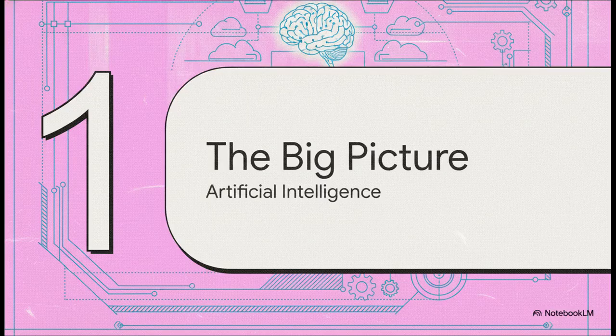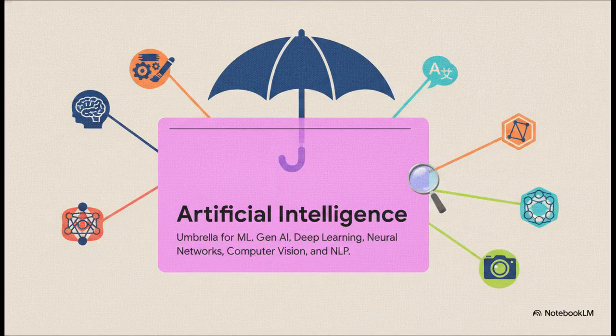All right, let's kick things off with Section 1, the big picture of AI. The absolutely crucial thing to remember here is that artificial intelligence is really just a giant container. It encompasses absolutely everything else we're about to discuss today. Think of it like a huge umbrella, the ultimate parent category. It acts as the central hub, branching out to include things like machine learning, generative AI, and deep learning.